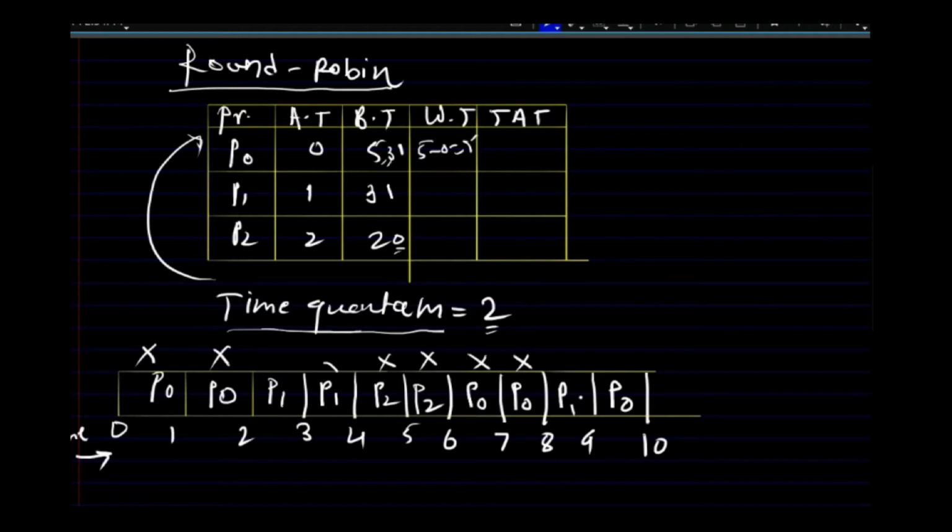And P1 is executing here, but it has finished here, so we will not put a cross here because it is not in the waiting state here. Why is it not in the waiting state here? Because P1 is already completed. So if it is completed, that means it will not be in the waiting state. Okay, so the total waiting time is 1, 2, 3, 4, 5 and 6. So its waiting time is 6 minus its arrival time 1, equals 5.